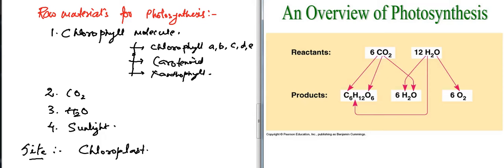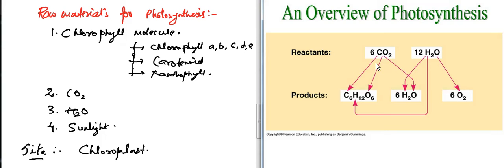So first take an overview: the reactants are carbon dioxide and water. Simply we are seeing in this picture that in the product glucose, the carbon is coming from carbon dioxide, and oxygen is coming from carbon dioxide. And a very interesting part we have to know is that the oxygen which is coming out is basically formed from water.